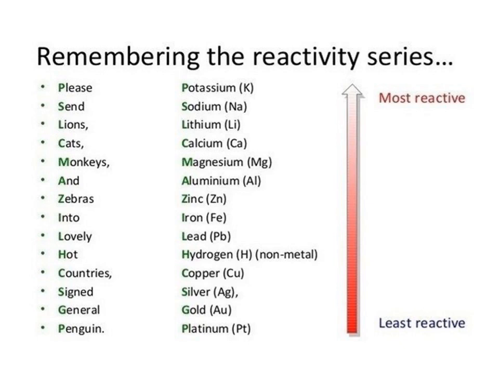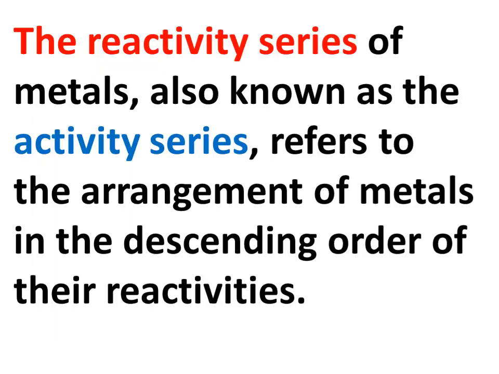So this is the reactivity series of metals, and from it we can find out many things, like what displacement reactions are. We are going to learn in detail the reactivity series of metals, also known as the activity series.